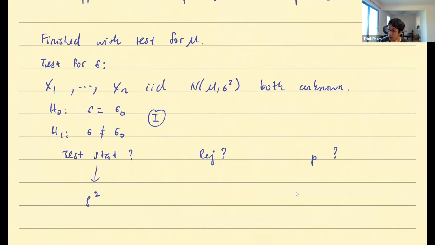Okay, you can do that. Not bad. That depends on how you define the rejection region. How would you define the rejection region? You see, now you have to think. I would propose my test stat like this.